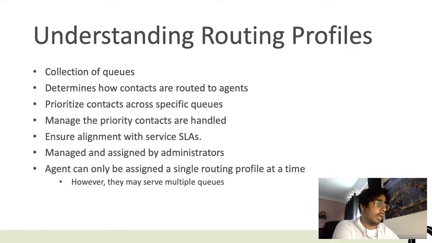I'll show you an example in the hands-on session on how it works. With the agents, you can only assign a single routing profile, but a routing profile can serve multiple queues. As I said, it's a collection of queues, and therefore you can have a different set of queues in there.